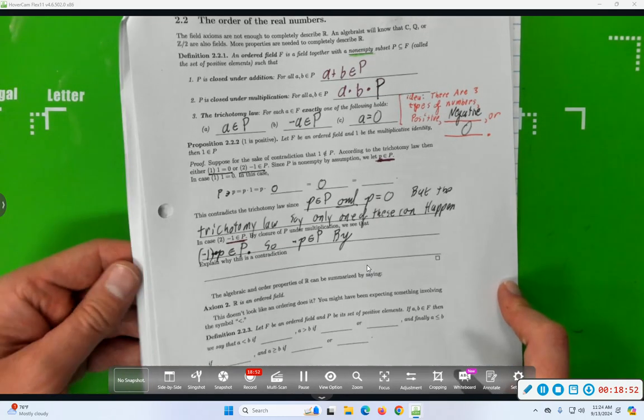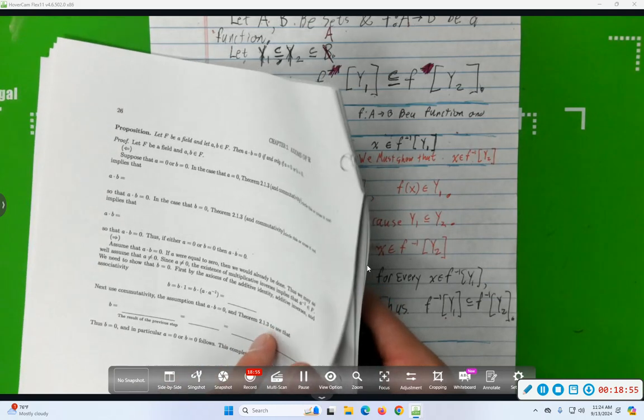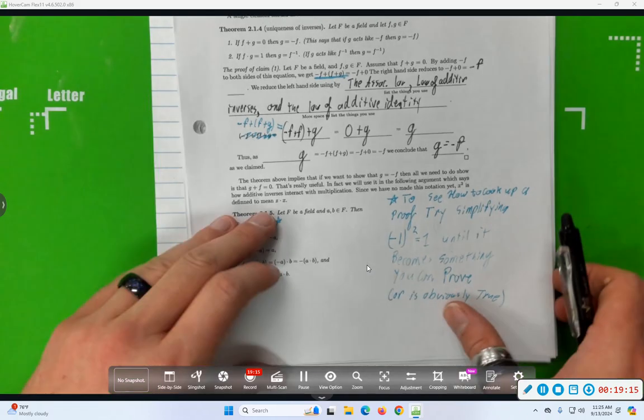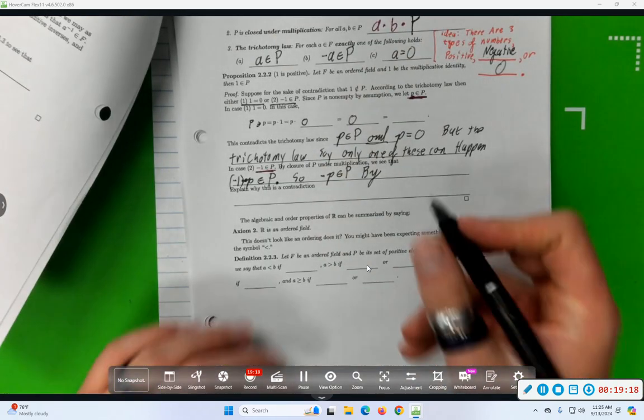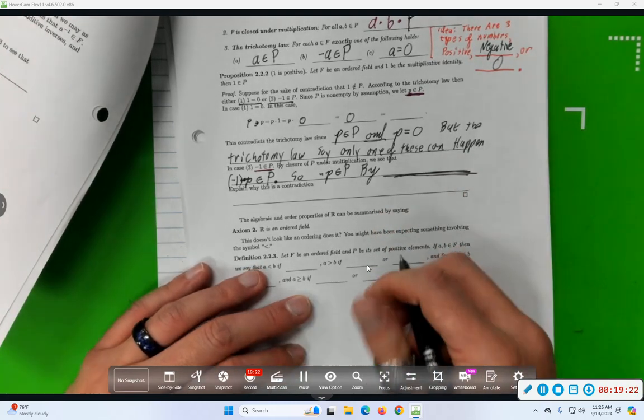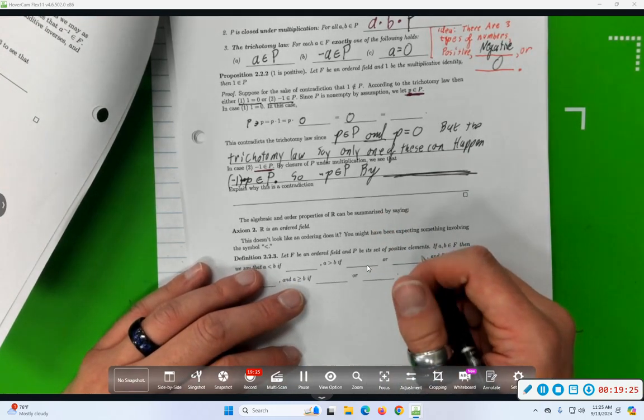That seems like a field thing, so let's look through the field properties. That one seems to have to do with negative 1s. Yeah. If p is positive, and well, we can't have both negative p is positive and p is positive by the trichotomy law. Nice. You've skipped ahead of what I wanted to do.